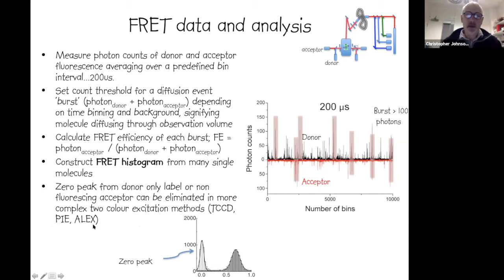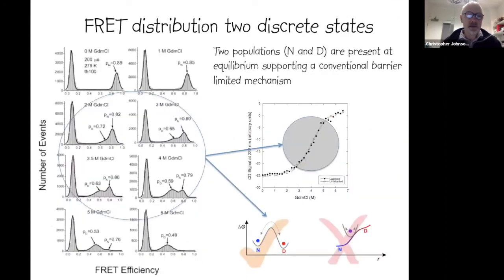We don't have that, and so in our data here, which shows the various FRET histograms as measured, you'll see that there's quite a strong zero peak present in the data. However, the FRET that we're interested in is all occurring at much higher FRET efficiencies.